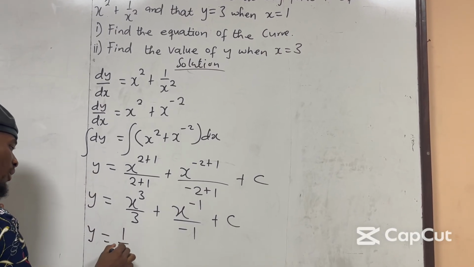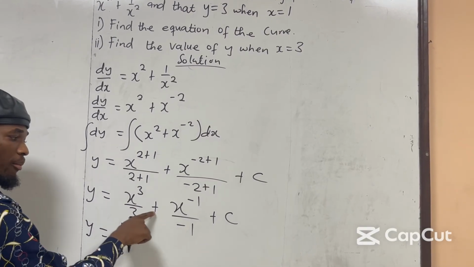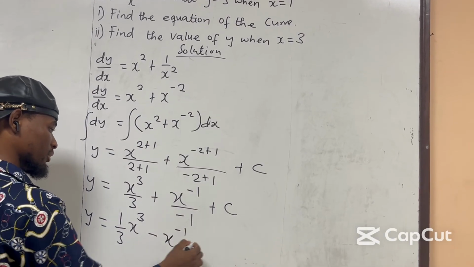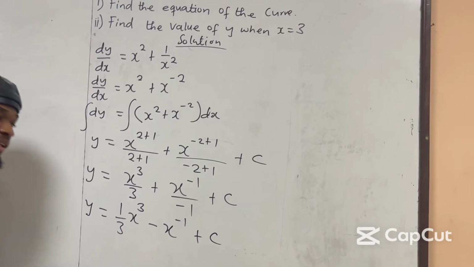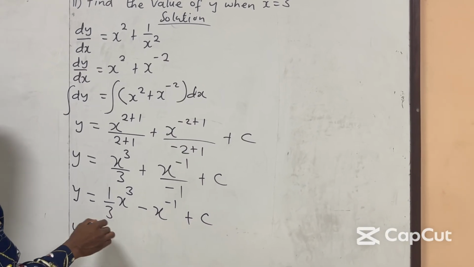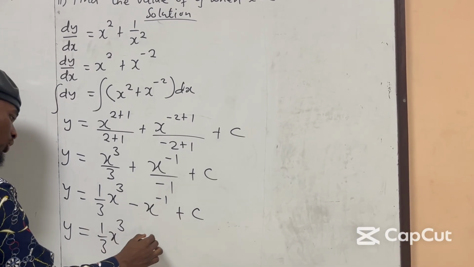So I have 1 over 3 times x cubed, then negative, x to the power negative 1, plus my constant of integration. So finally, my y equals 1 over 3 x cubed minus 1 over x.